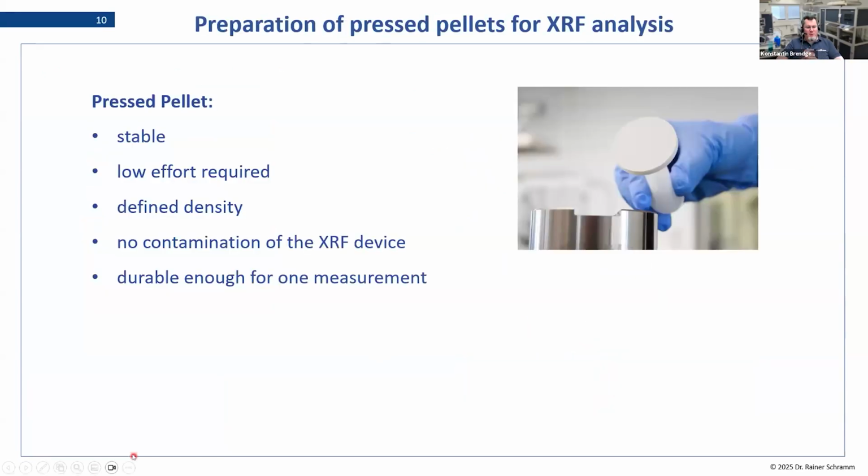So we'll go into our main topic for today. When we're looking at pressed pellets, what do we want, and what qualities do we have? First of all, we always want to pick a procedure to get a stable pressed pellet, which allows us to be measured in vacuum.